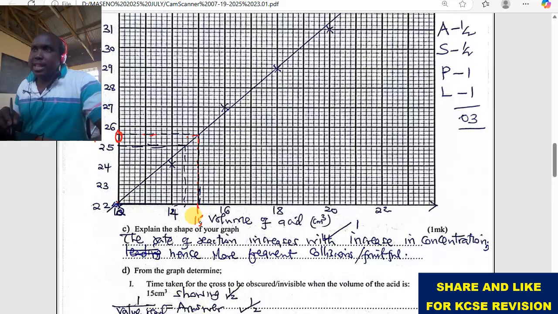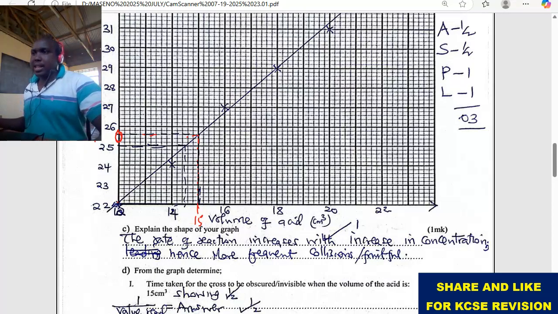For this learner, this is 26 and this is 25. So this is 25.1, 25.2, 25.3. Oh, this is 1, 2, 3. That is 3 times 2. So that is 25.6.